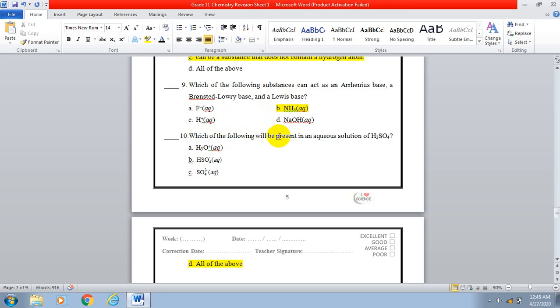Which of the following will be present in an aqueous solution of H2SO4?